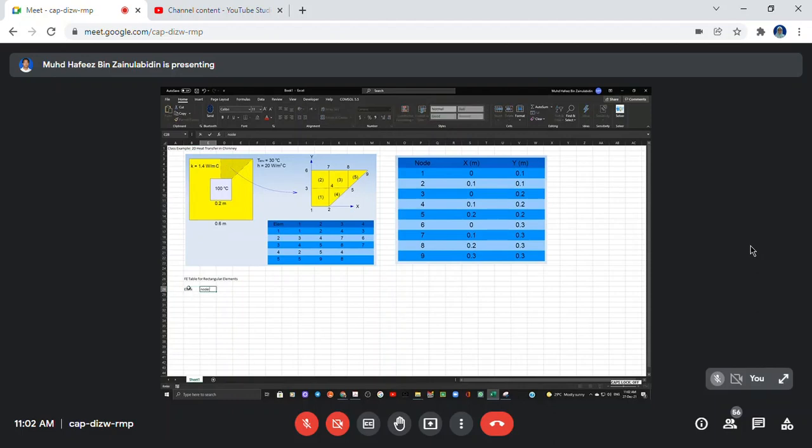Remember now we have node I, or maybe if you want to make it simpler, you can put I, J, M, N. So you know this is node I, node J, node M, and node N. Okay. Next, we want to calculate K due to conduction.